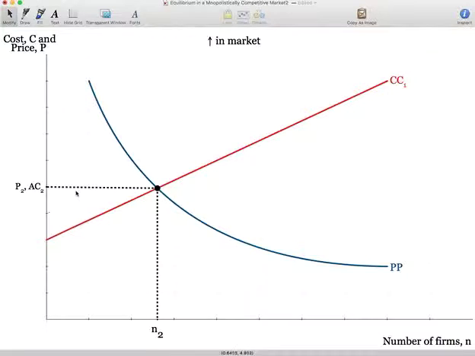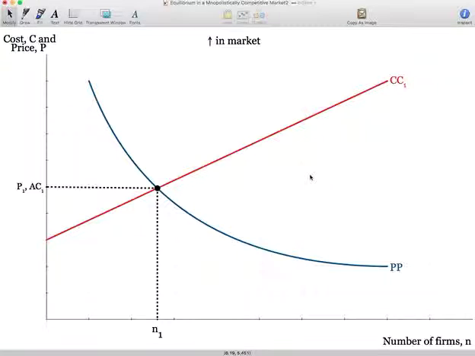So we are starting here at our initial equilibrium point where CC1 intersects PP, and that gives us the price and average cost, which are equal to one another. And let me change this for you, make that a 1 and make both of these a 1, as these are both going to be our starting points.